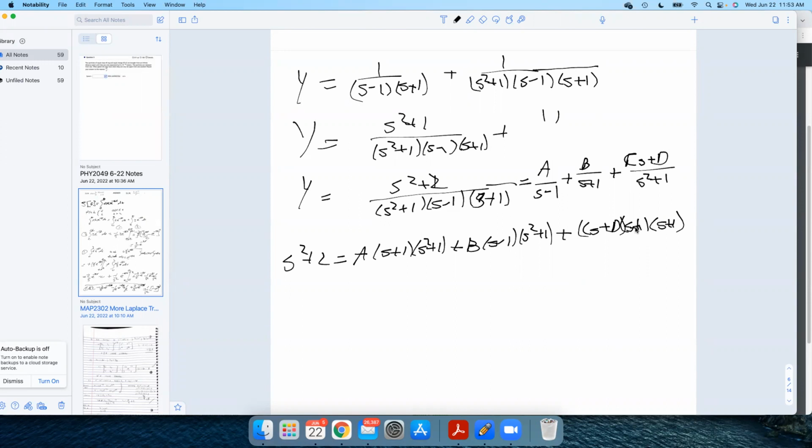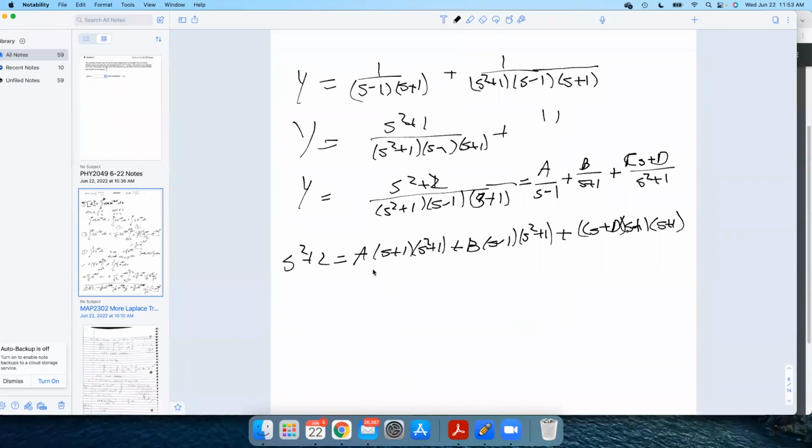Now from here, personally, I like to just solve these by hand. I use the cover-up method by plugging in strategic values of s to make certain things cancel out. You can also just multiply all this out and match up coefficients.